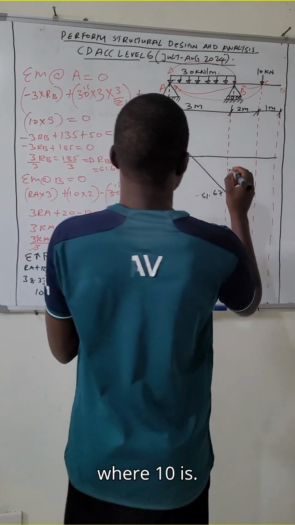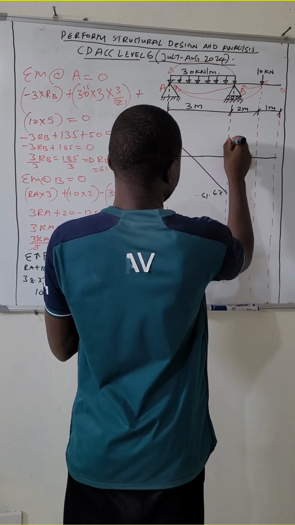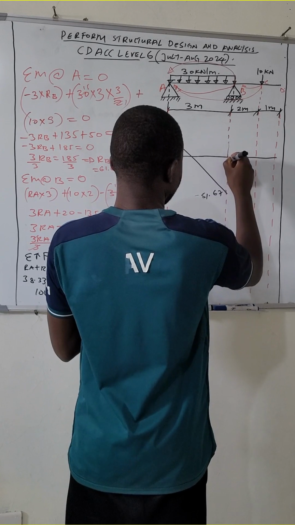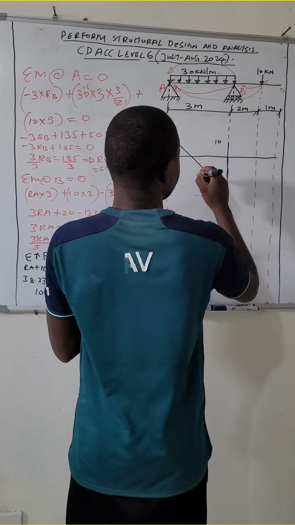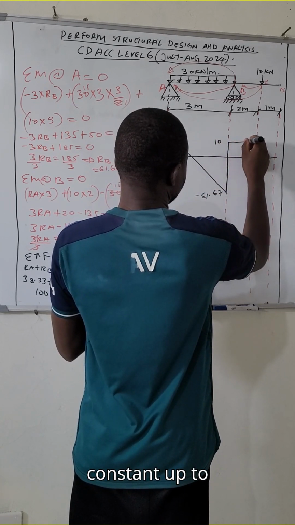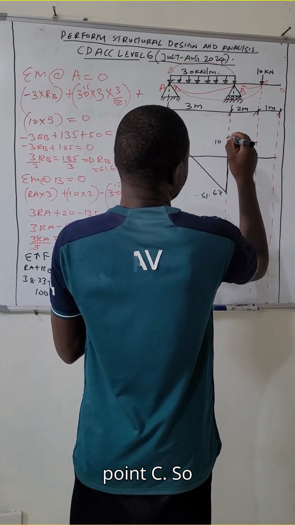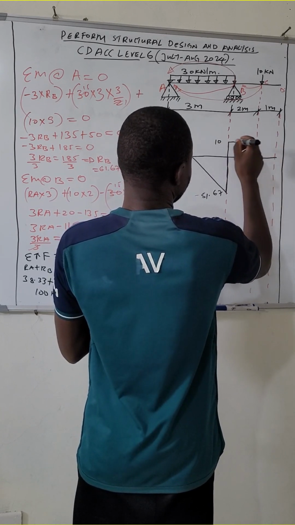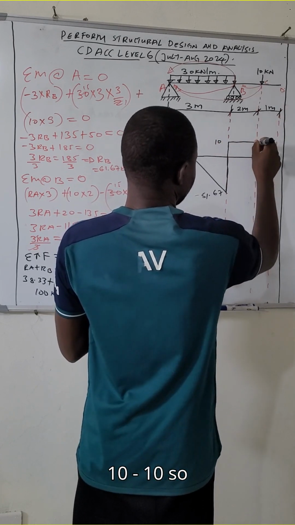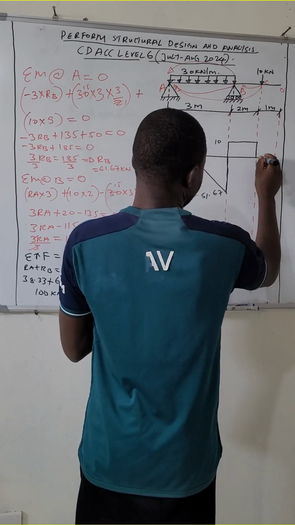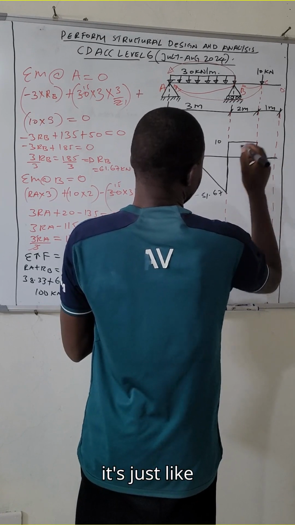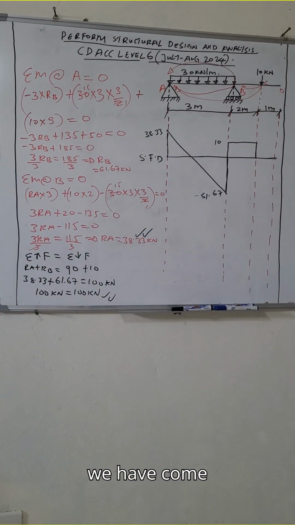Again, we'll approximate where 10 is, somewhere like there. That is 10. 10 will be constant up to point C. Then at C, it is 10 minus 10, so you'll get 0. On this side there is no other force, so it's just like that. So now we have come up with a shear force diagram.